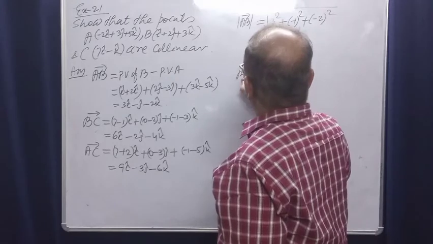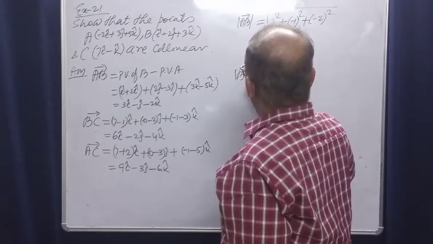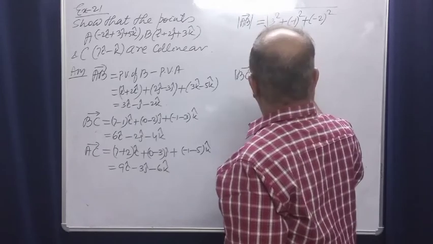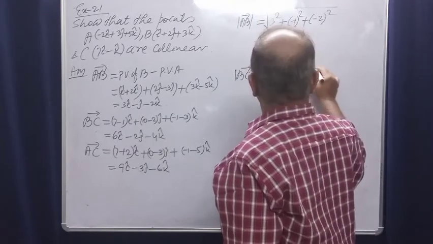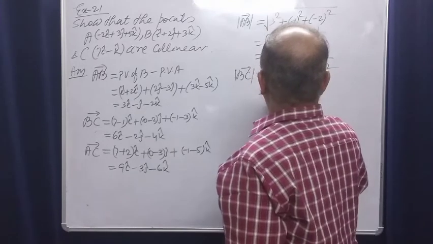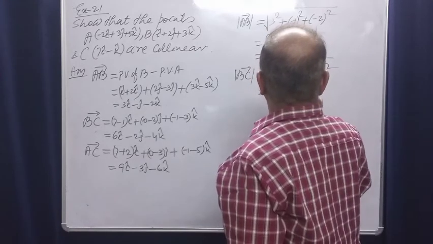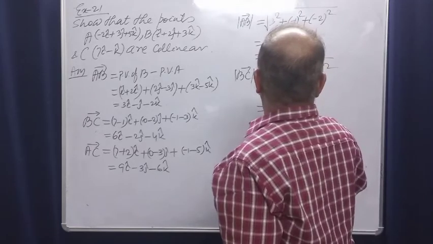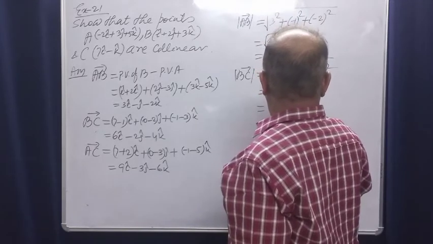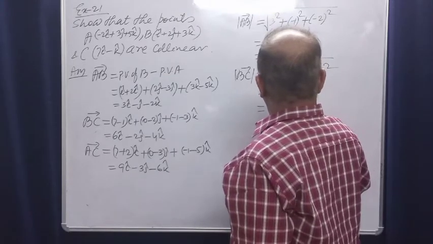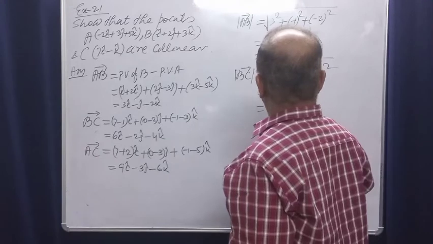Magnitude of BC vector is 6 square plus minus 2 square plus minus 4 square, that is 36 plus 4 plus 16, 56, square root of 56.